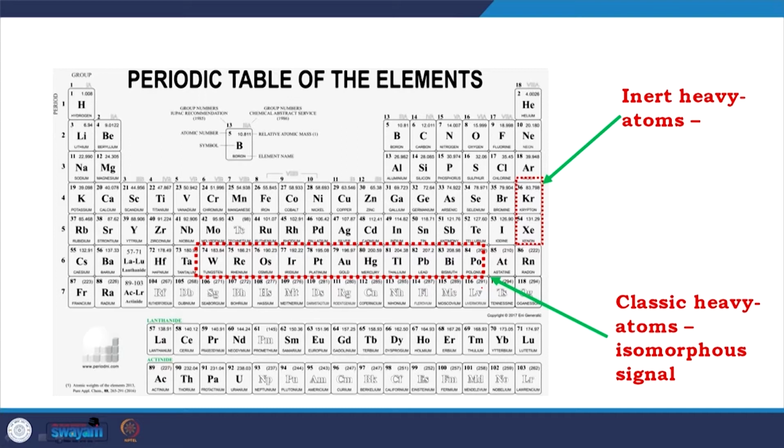You could easily see that these have much higher electron numbers in comparison to carbon, nitrogen, oxygen, which are present in a normal protein. I add phosphorus and sulfur also, because, as we know, sulfur is present in cysteine and methionine, and phosphorus is present in phosphomodified proteins.